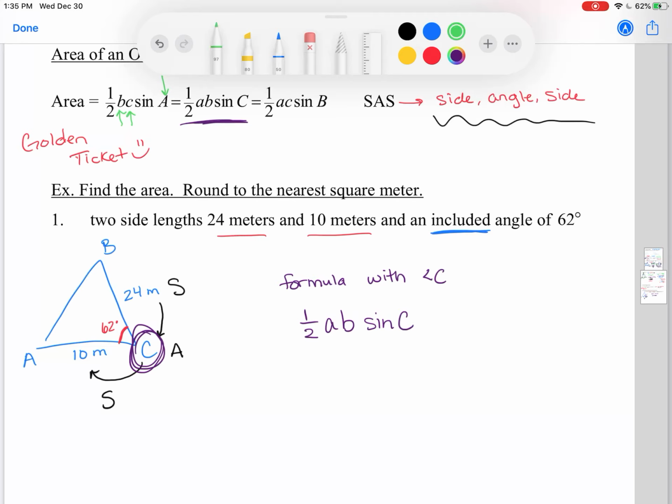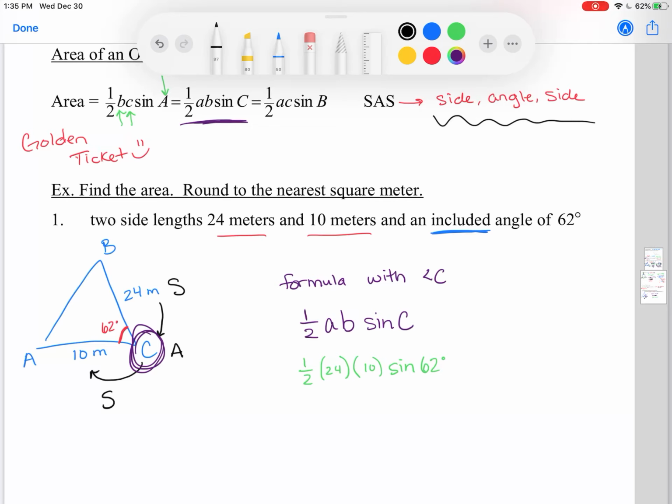Once I know what formula I'm working with, I can plug in the information. I got 1/2. My side A was 24, labeled on my picture. My side B was 10, again labeled from my picture. I keep sine, and my angle C was 62 degrees.